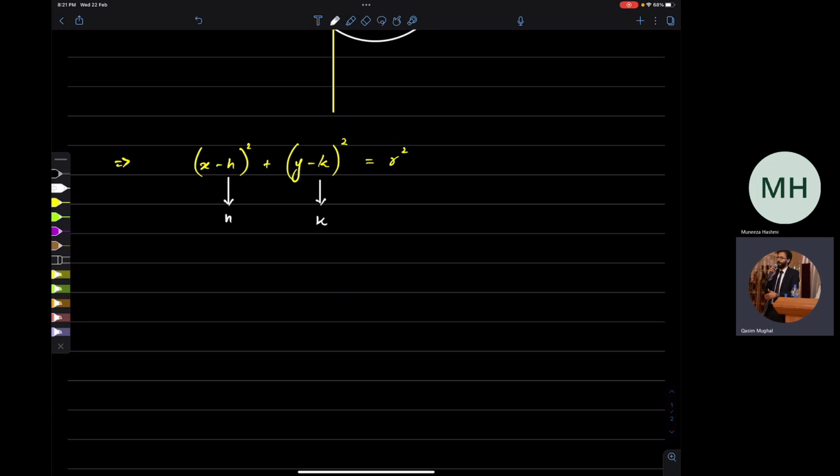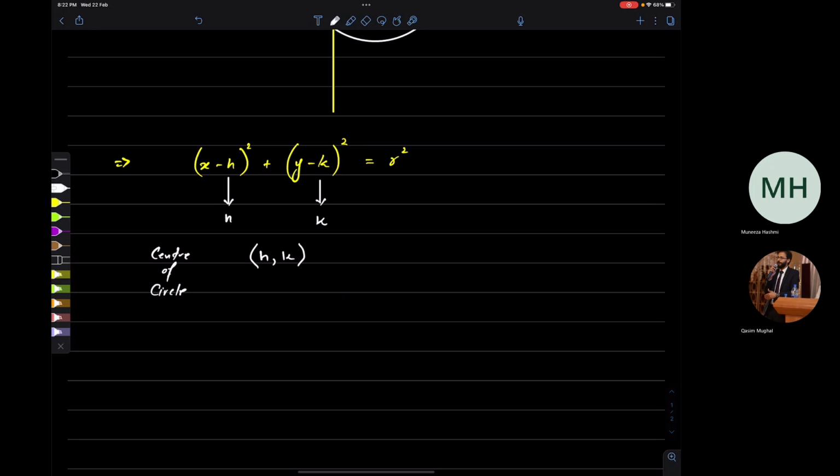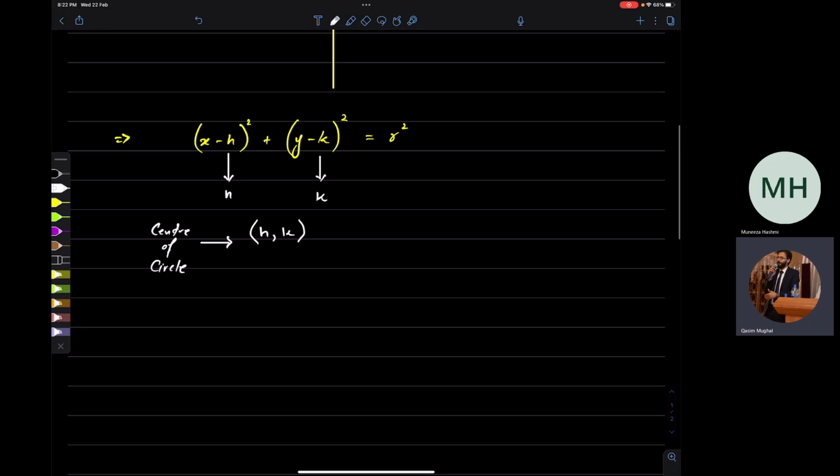So h is the x coordinate and k is the y coordinate of the center of the circle. So anytime I have an equation written like this, I should be able to tell what the center of the circle is.